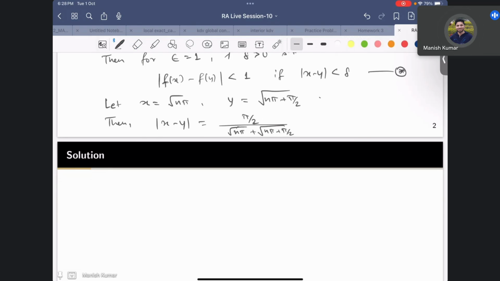Now you can clearly see that this quantity, I can get rid of that. So maybe I can say that this is pi by 2, because this is always going to be greater than or equal to 0. So I can replace this by 1 by root pi and root n, correct? And this root pi will cancel with this one, so I'll get root pi here. And again you can say that this is less than 1 by root n, I can say, correct?